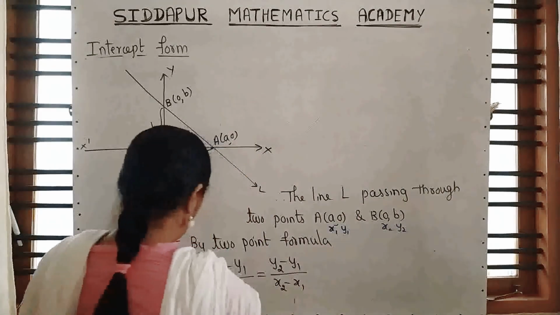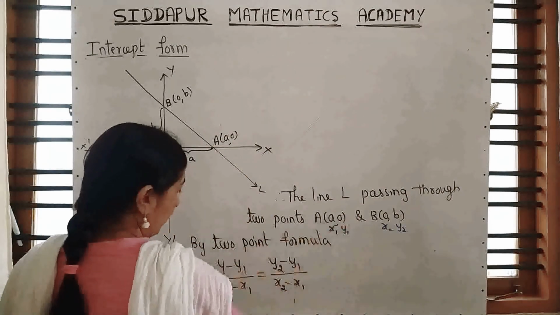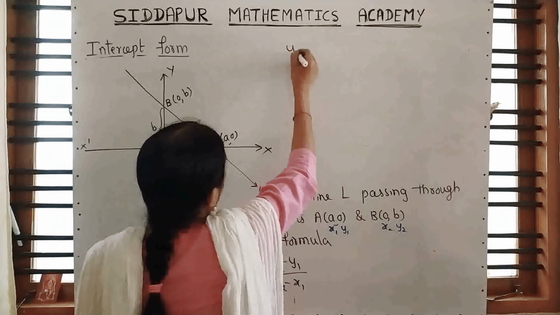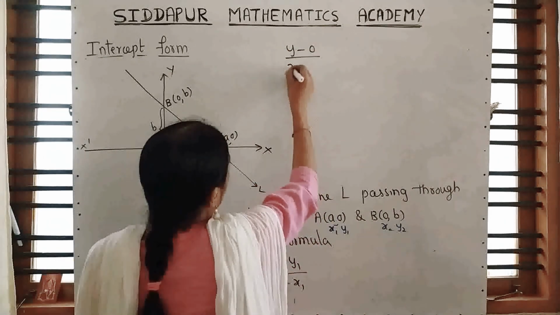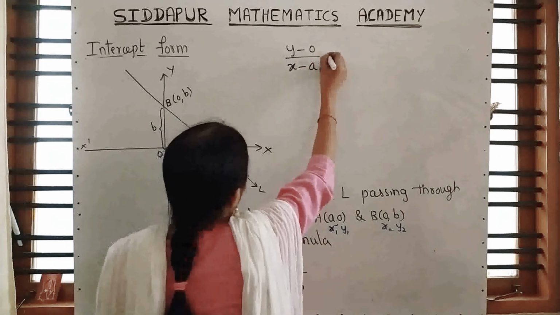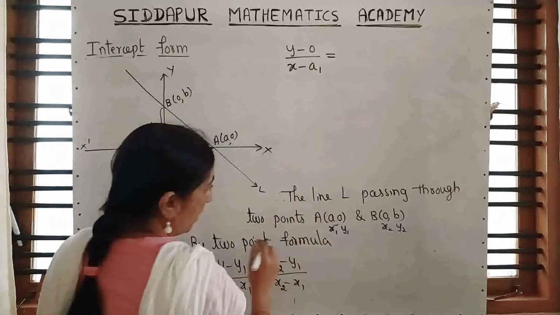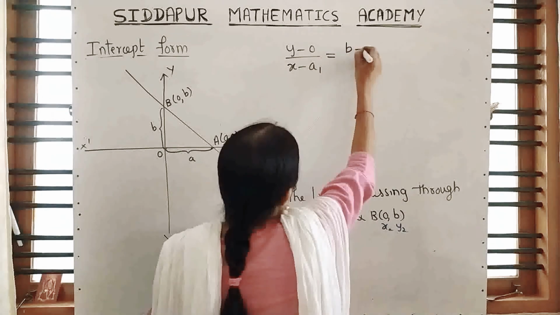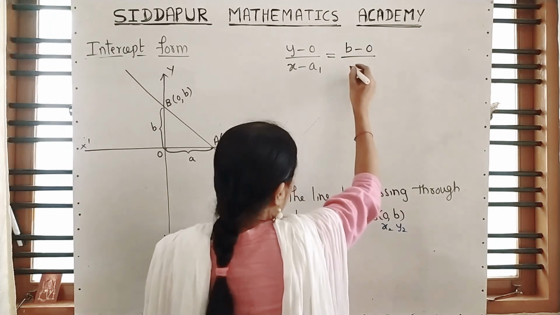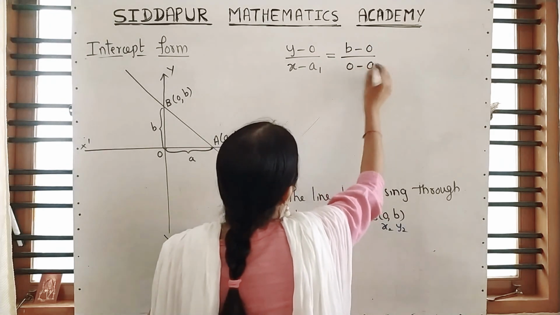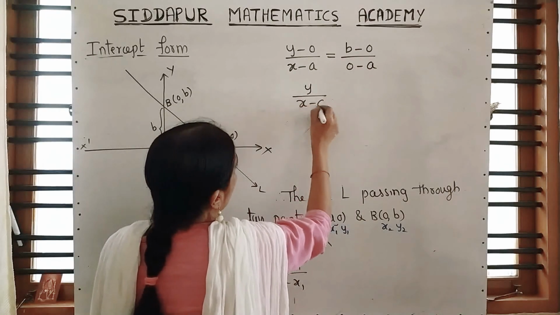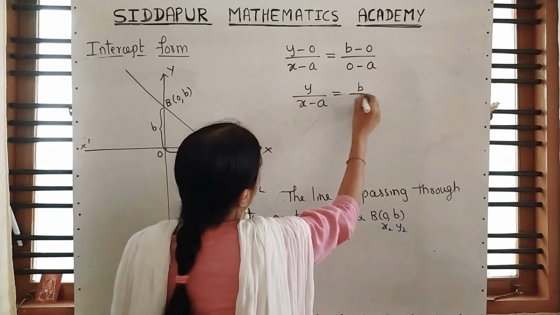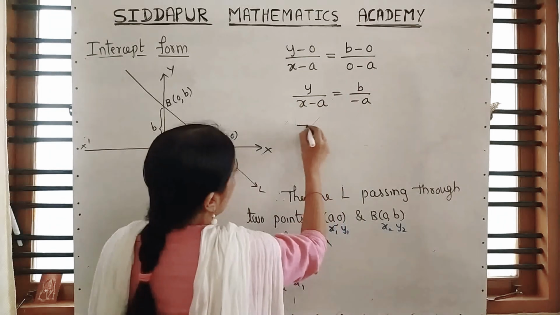So y minus y1, this is y1, y minus 0 upon x minus x1, x minus a, is equal to y2 minus y1, b minus 0 upon 0 minus a. So it is y upon x minus a is equal to b upon minus a. Cross multiply.